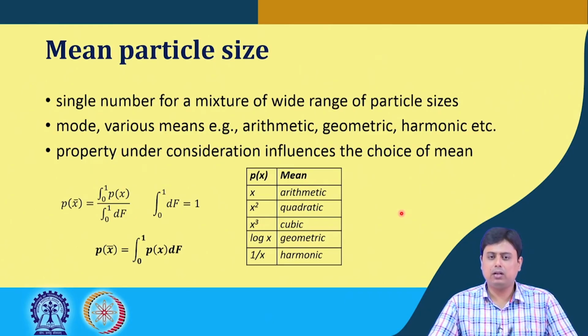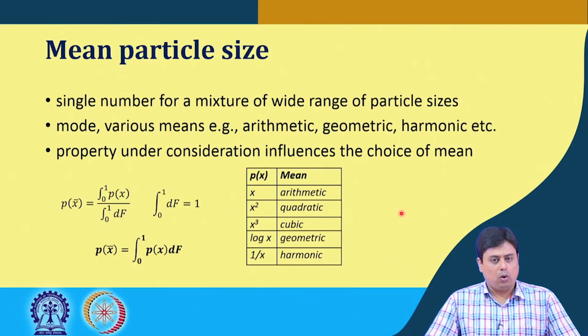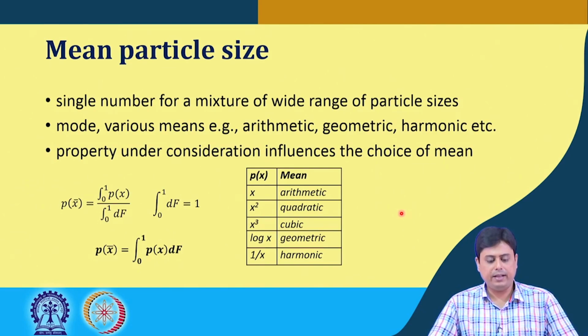For a given size range, there can be different means. Which one we should consider and how we should choose, we will see in the coming slides and the coming class as well; the property under consideration actually influences this choice of mean, and how that happens we will discuss slowly.